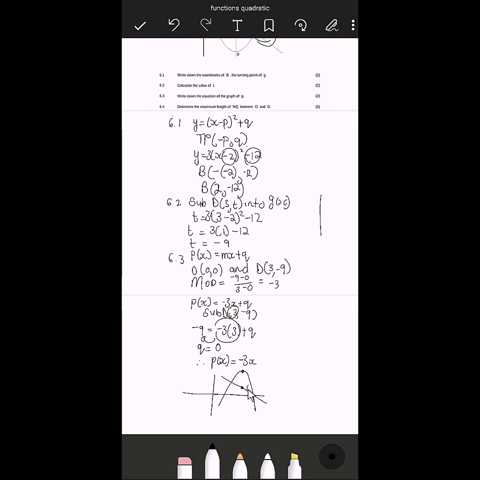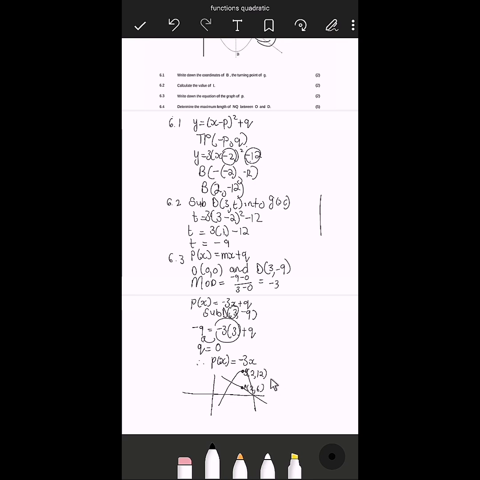So let's give them coordinates. This is A and it's (2, 6), and the other one, let's say it's B, which is (2, 12), right?